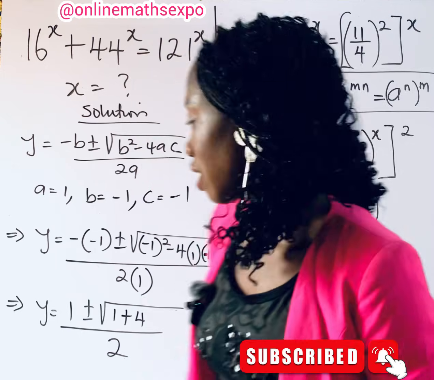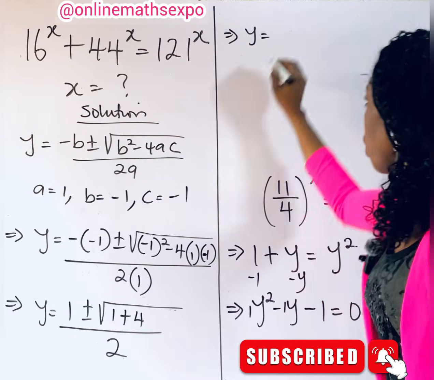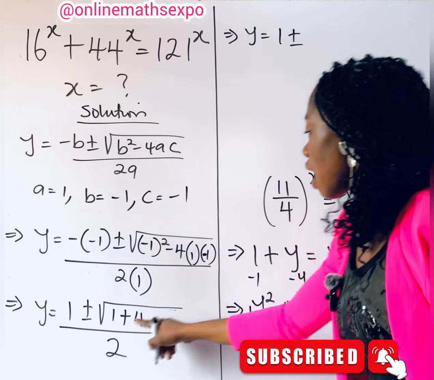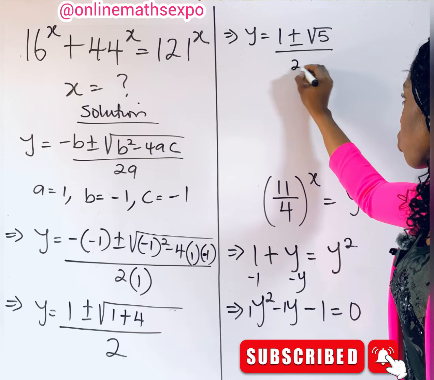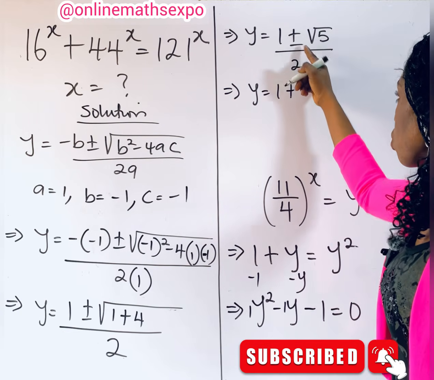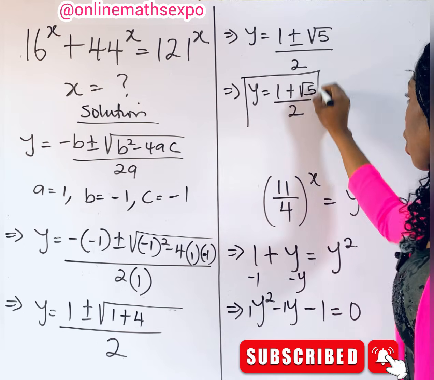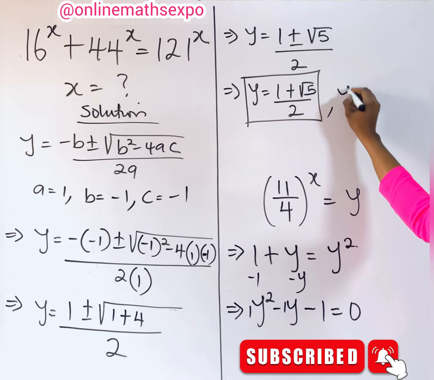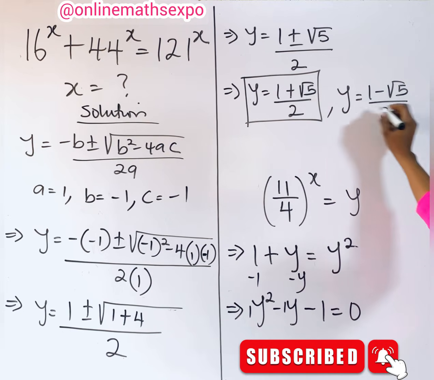You simplify again to have our y is equal to 1 plus or minus, add this up, it gives you root 5 divided by 2. So it means that our y is now 1 plus root 5 divided by 2, and our next y is equal to 1 minus root 5 divided by 2.